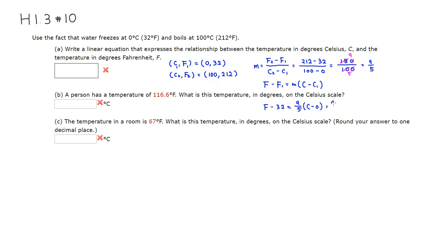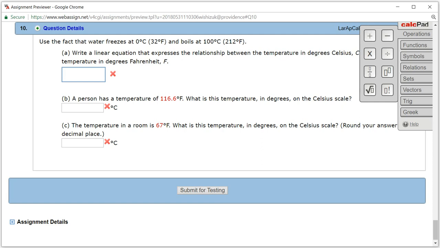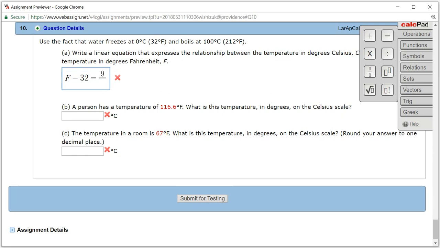Minus 0 doesn't do anything, so it's 9/5C. If you want, you can rewrite the equation, but I think this is fine. So I'm going to type it in: F minus 32 is equal to 9/5C.